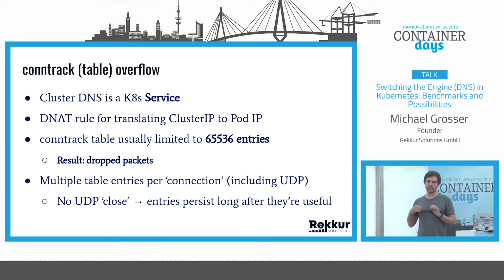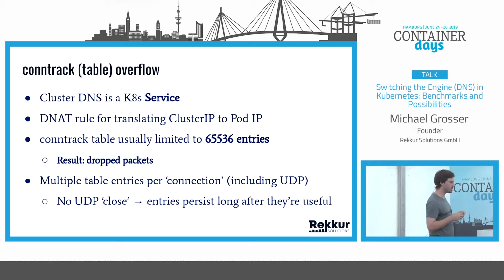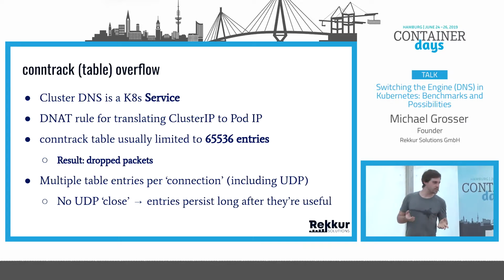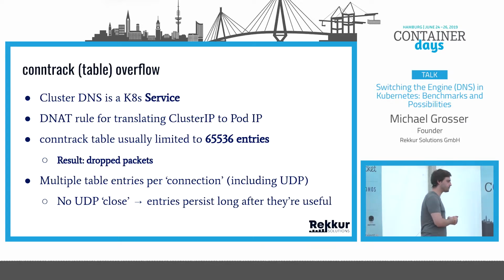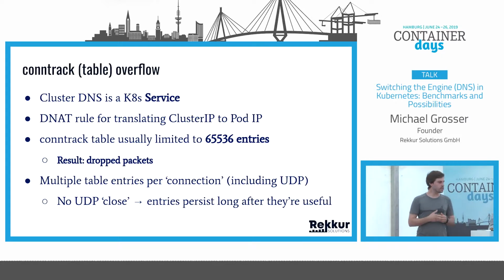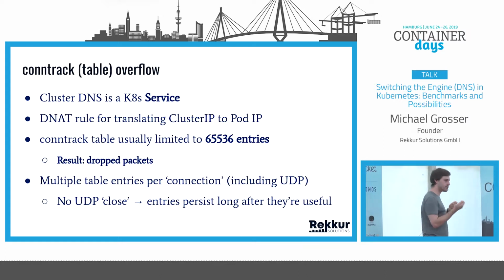It's not just the network being unreliable. It's also that the kernel has a thing called the conntrack table, and UDP is filling up that conntrack table. So why does it do that, and what's basically the conntrack table? The cluster DNS is a normal Kubernetes service, and it does DNAT translation.